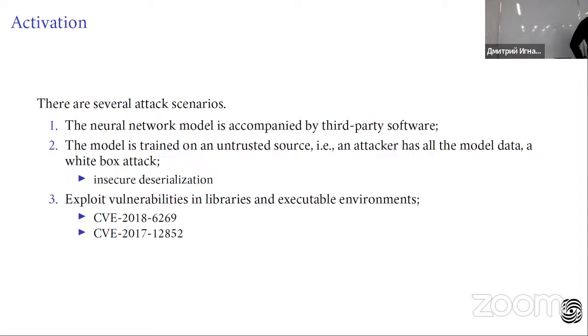The second one is if the model is downloaded or trained, then we can change the forward function of some layers to check the triggers and activate the function. And the last one is exploiting some vulnerabilities, CVEs.